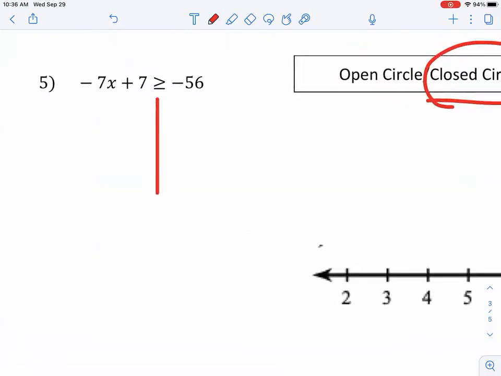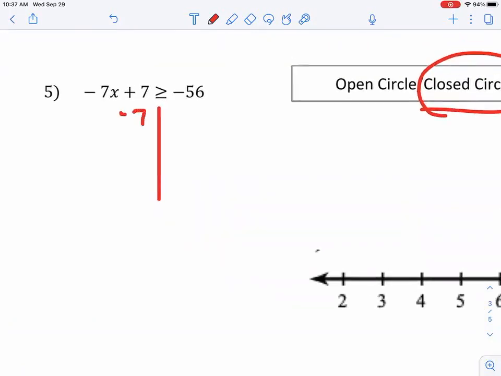So I will subtract 7 from both sides. And so I have -7x is greater than or equal to, and -56 minus 7 is -63.